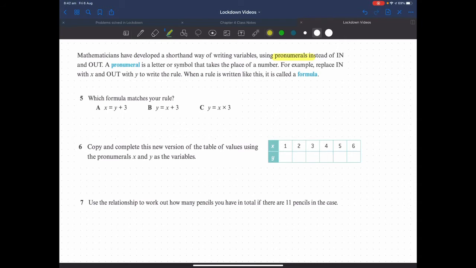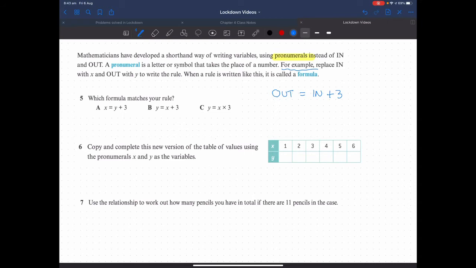So, now we're going to look at question number 5. This question says to us, which formula matches your rule? What we'd written in words was out was equal to in plus 3. It says to us, for example, replace in with x.